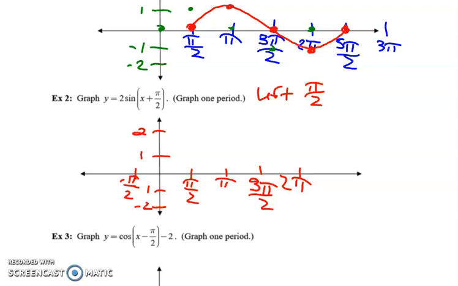So again, a regular sine graph, I'll draw that rather quickly. And therein lies my regular sine graph.